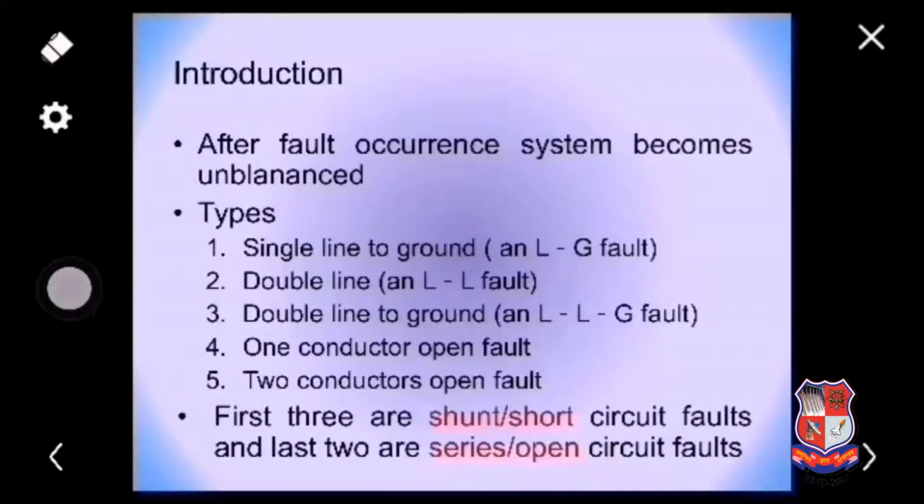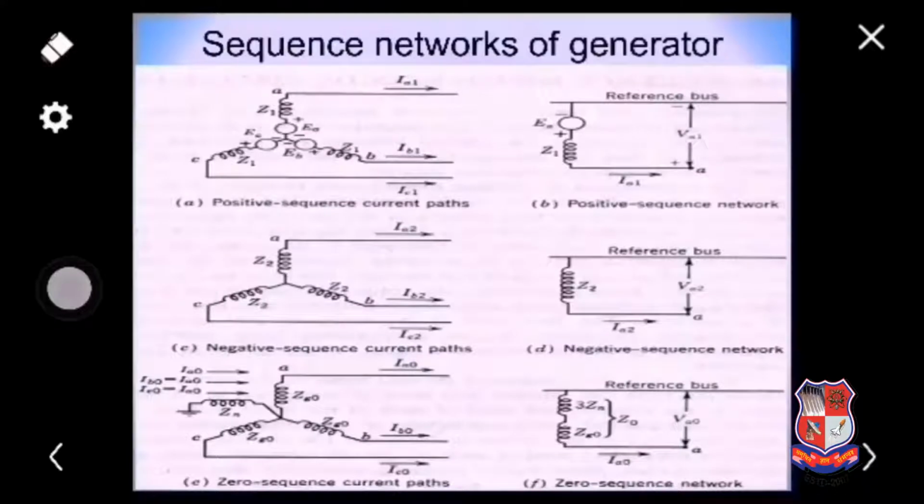Now before proceeding further to analyze these faults, we are going to take a look at the representation of synchronous generator in terms of sequence networks. We have already learned symmetrical components and representations of sequence components for various power system components.